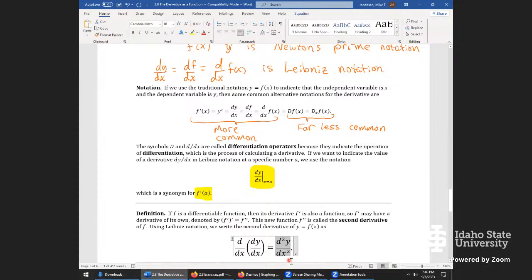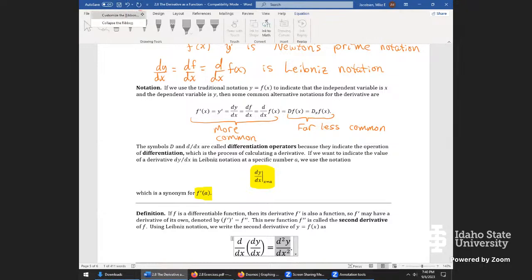Now, again, the reason Leibniz is so important is if you have a multivariable function, you're probably in calculus 3, and this is going to come up. You could take the derivative of a function y with respect to x first, and then with respect to something else, say z, second. It'd be a second derivative, but now we're specifying the order and which variables to differentiate under.